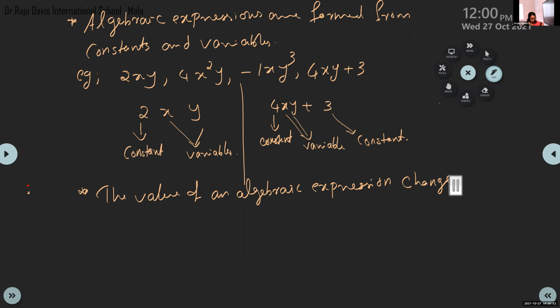The value of an algebraic expression changes with the value chosen for the variables it contains.